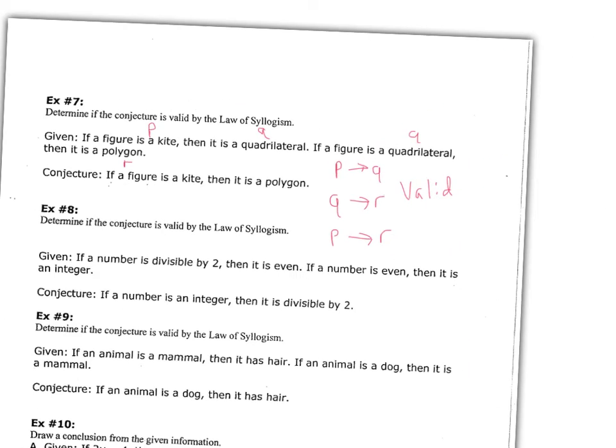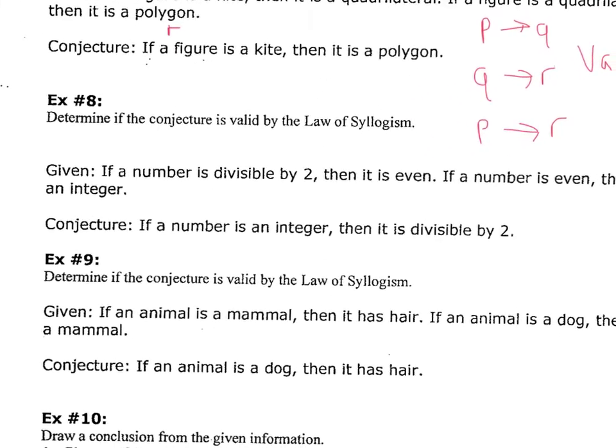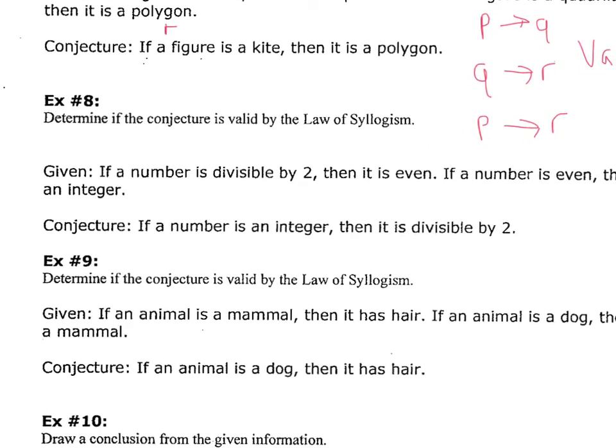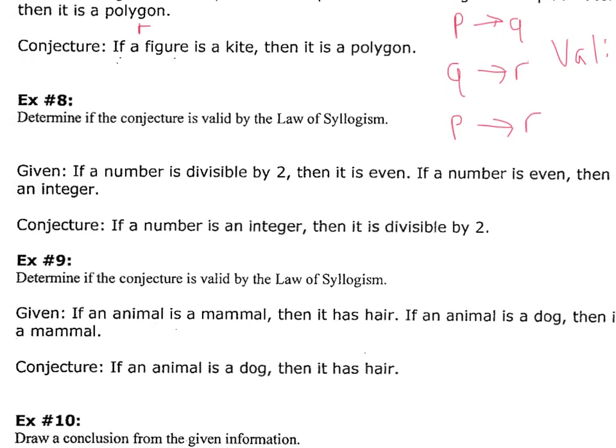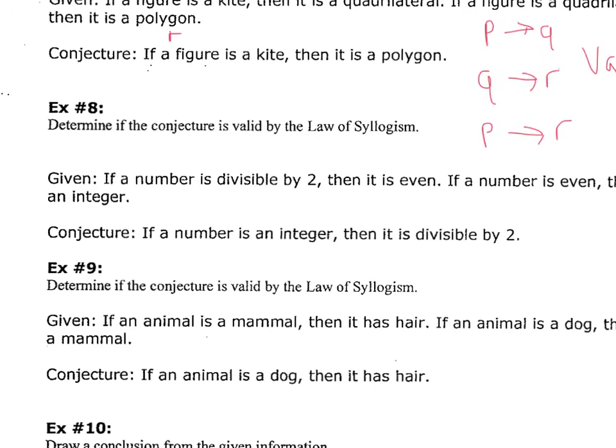Okay, let's take a look at another one. The second one says, if a number is divisible by 2, then it is even. If a number is even, then it is an integer. Okay, so let's go ahead and label our statements.